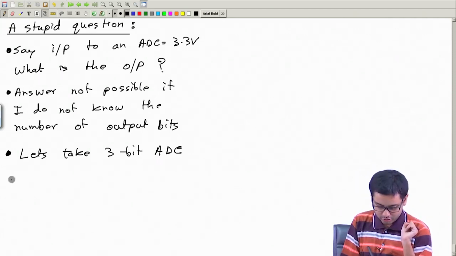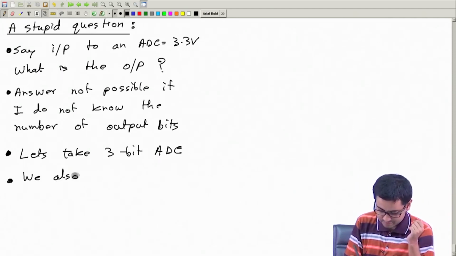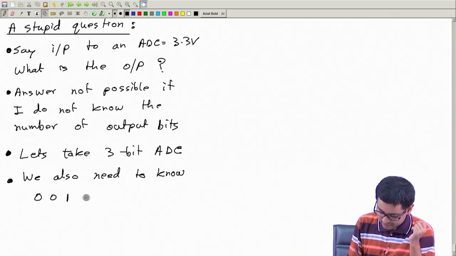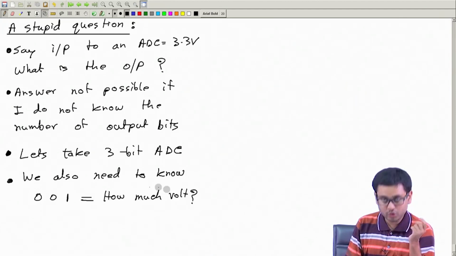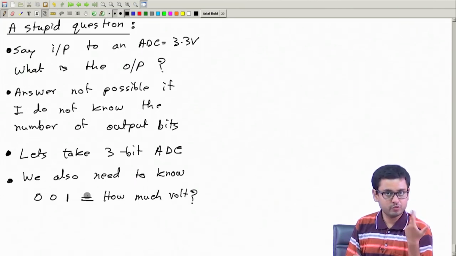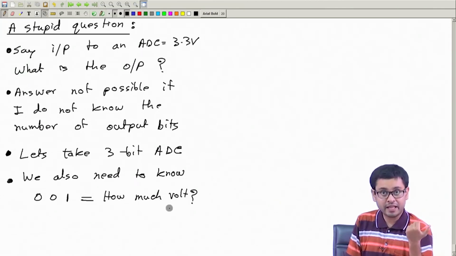Okay. So, we also need to know, this is 3-bit. So, okay, this is the first number, this is equal to how much volt. If we do not know this value, we cannot give you the answer.